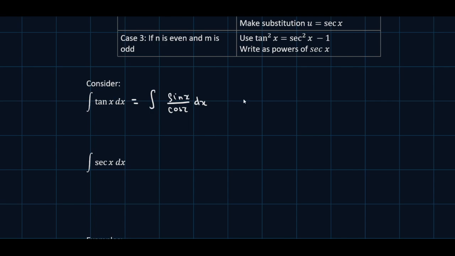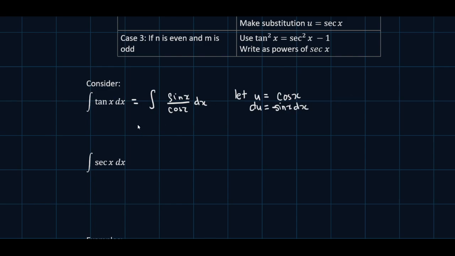Now, since we have this, we can let u be equal to cosine x. That would mean that the derivative of u with respect to x is negative sine x dx.